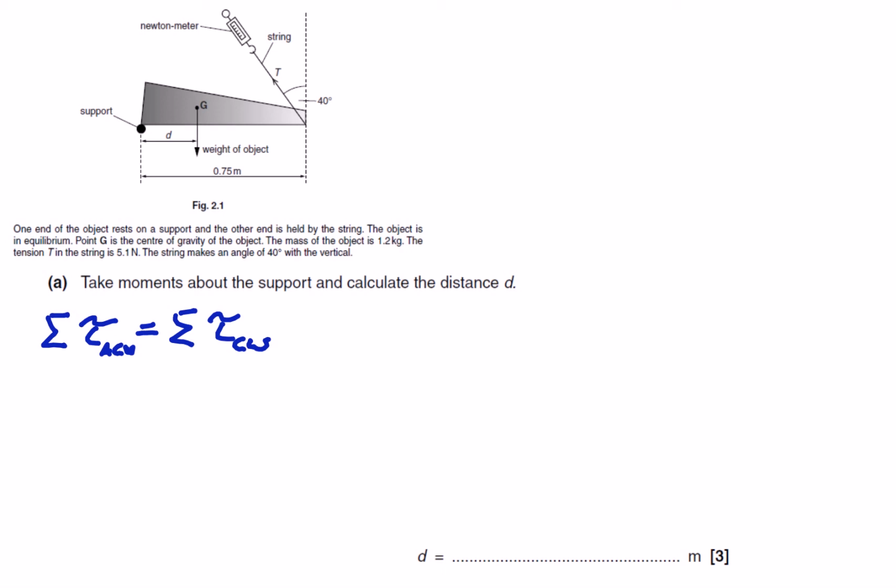Let's make my pen a bit thinner. And what we need to realise here is we need this distance. Well, this distance here is 0.75, but in order to take a moment it has to be the perpendicular distance to the line of action of the force.